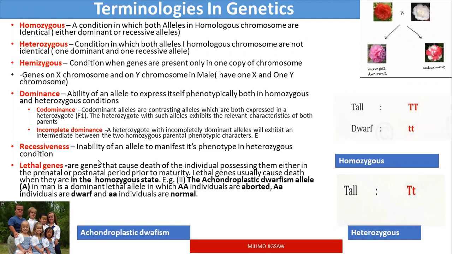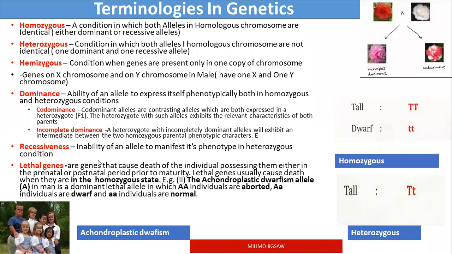So for example, an example of achondroplastic dwarfism. Don't worry about that word. It's just an example. We see that the allele A, or capital A, in a man is a dominant lethal allele.